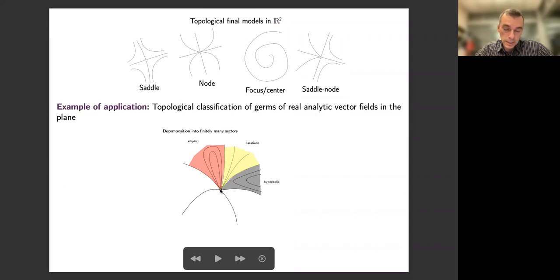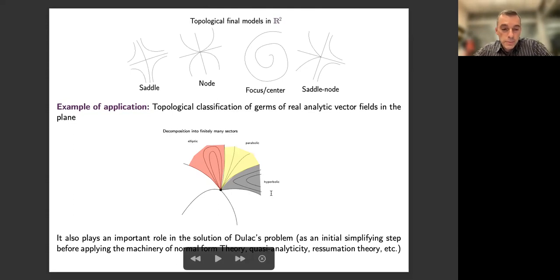If you consider a non-elementary singularity, then up to a sequence of blowups, you can achieve one of these elementary situations. And when you go back to your original ambient space, you get this decomposition in a finite number of sectors, which will be of one of these three different types.